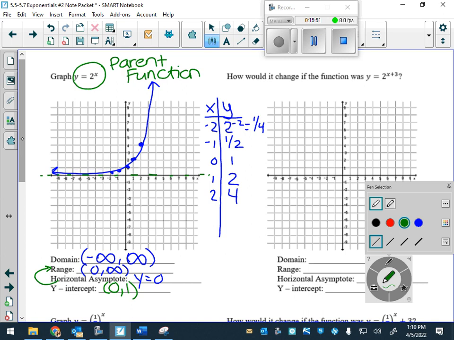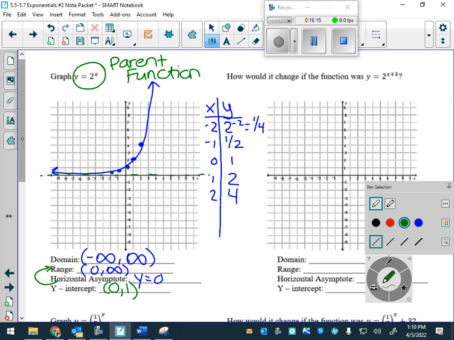So now, if we're using this as our parent function, how would the graph change if I had 2 to the x plus 3? Esteban? Careful, careful. Sawyer? Why? Excellent.